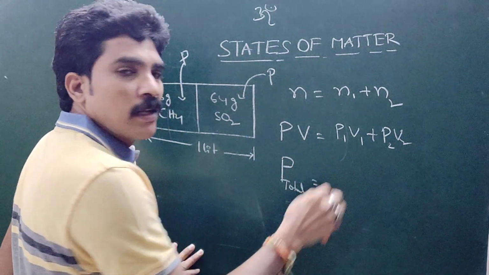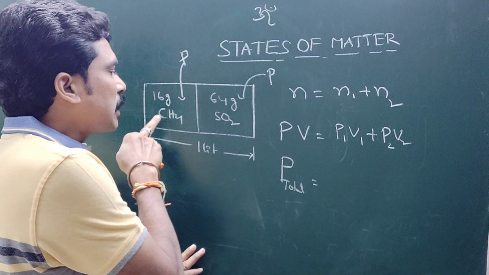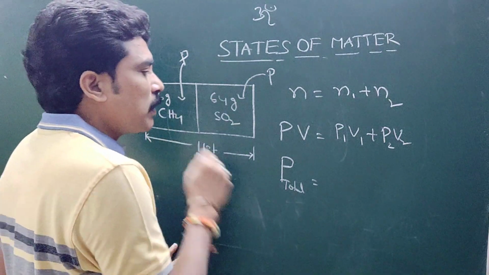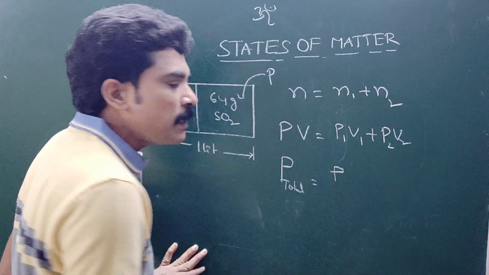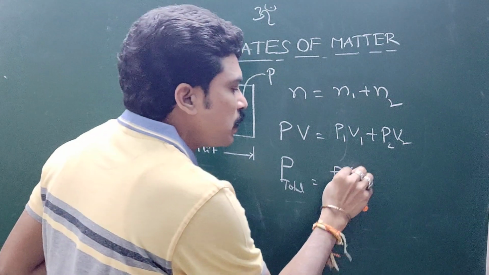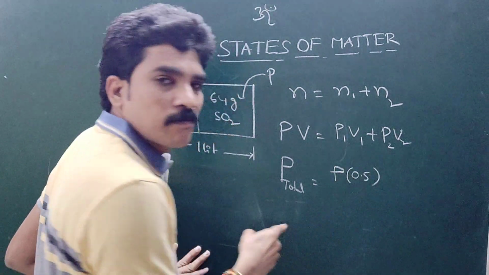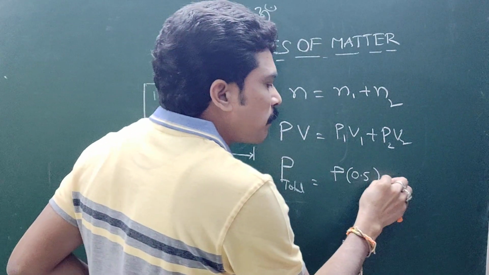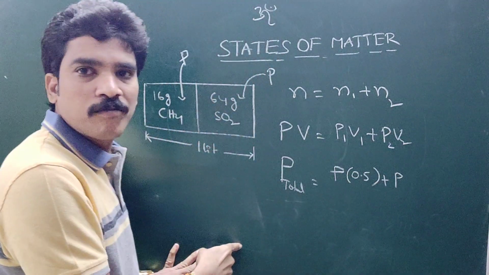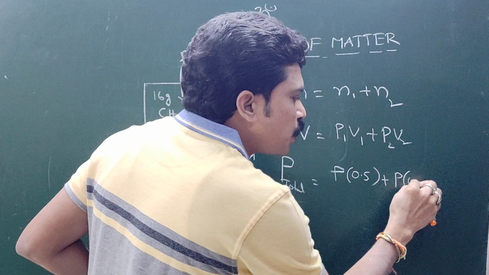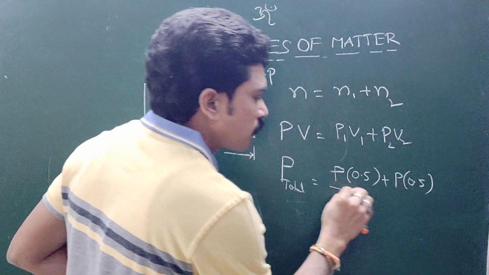The initial pressure P1 in the first compartment is P and the volume is 0.5 liter. In the next compartment the pressure is again P and the volume is again 0.5 liter.